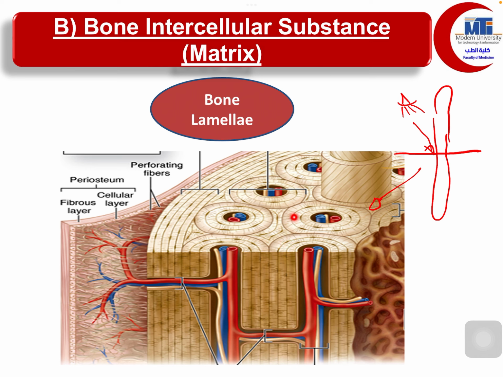Okay, so if you look at a transverse section of the bone, we can see that there is an outer covering of the bone called periosteum, and an inner lining of the bone, which is called endosteum.